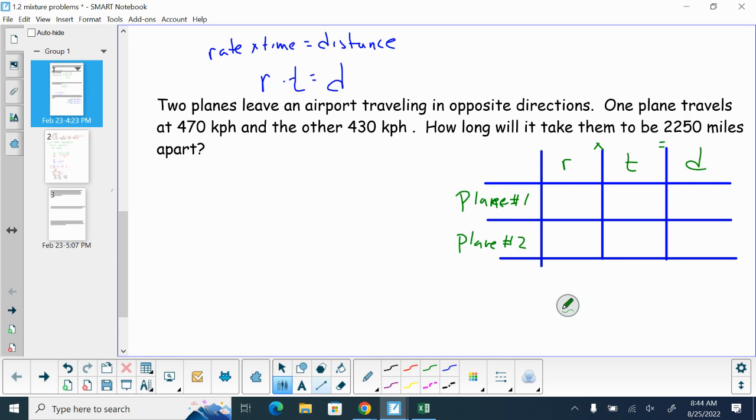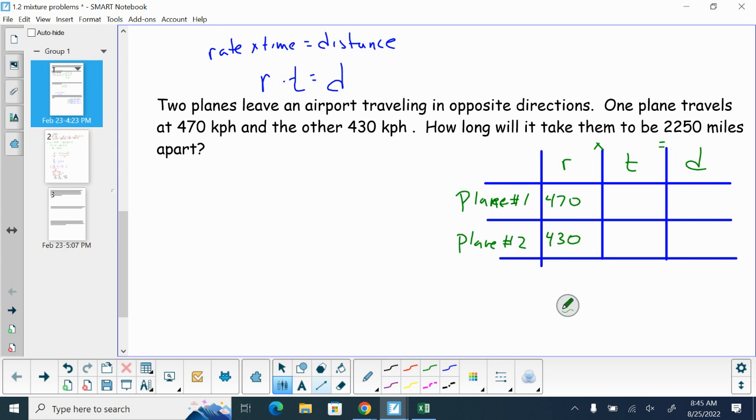Once again, you've been through enough of my classes. I like pictures. This is a picture that helps me out. So on my rate, plane 1, 470. My rate of plane 2 is 430.